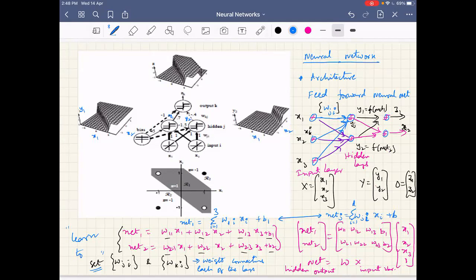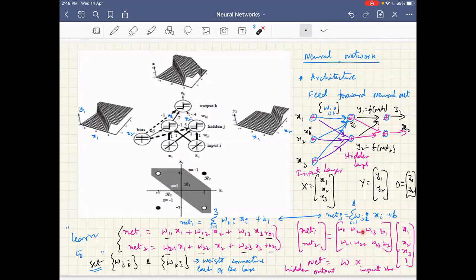When you write this, the connection of all net J's at the subsequent layer formulates a matrix relation between the net values and the inputs as net equals W into X. Similarly, there is another matrix relation: net is equal to sigma WKZ into YZ plus bias, the second bias of the second layer, at this layer, right?